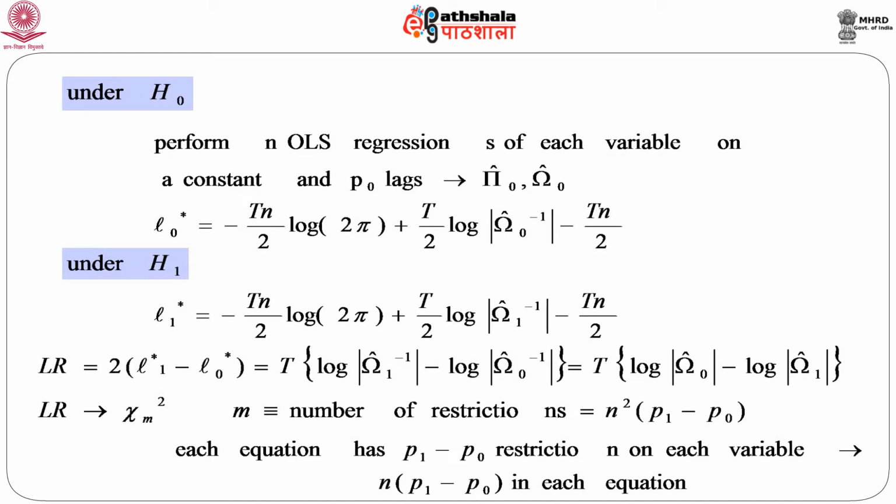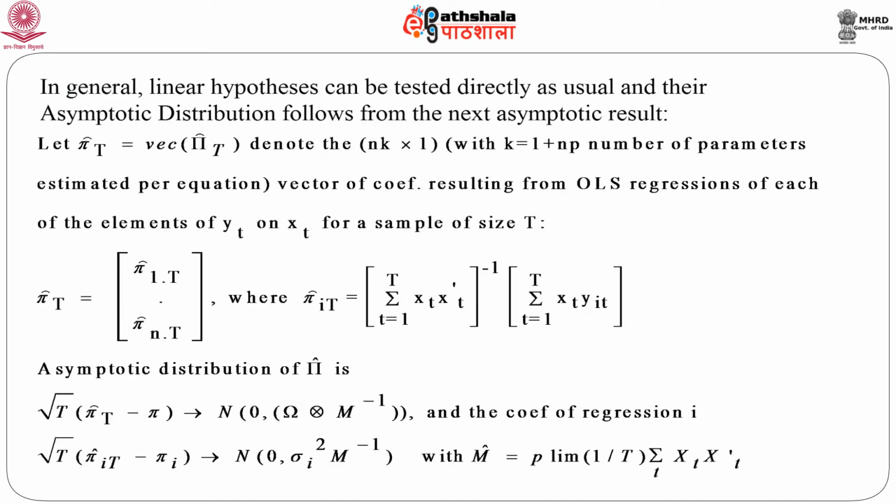So, if these likelihood ratio test statistics follow chi-square distribution with m degrees of freedom, then we accept the null hypothesis, that is, the lag length r is equal to 0. And accordingly, you can derive the asymptotic distribution of the parameters of the model.